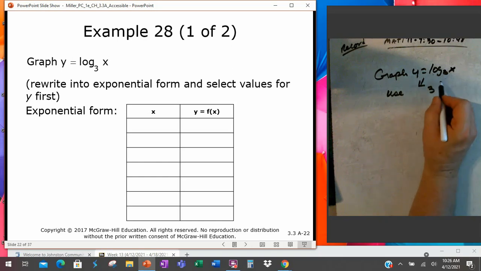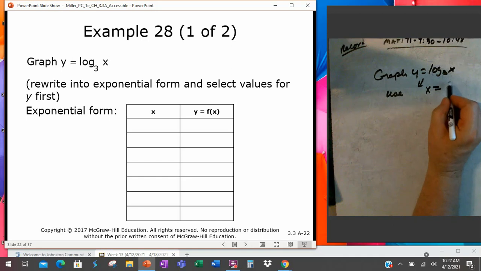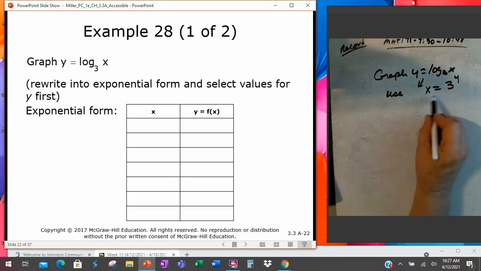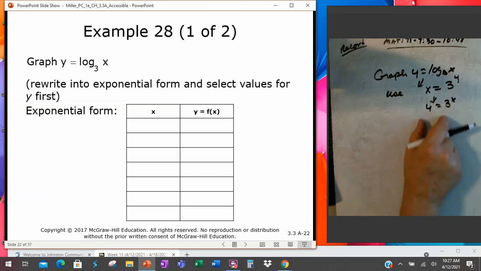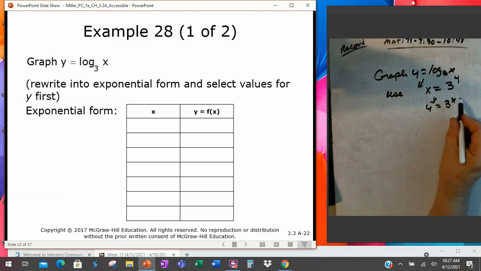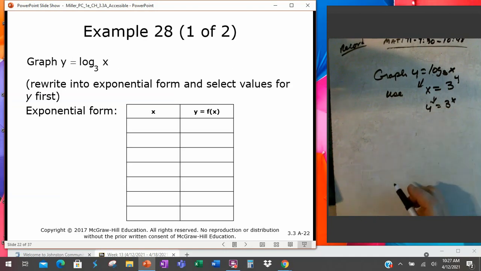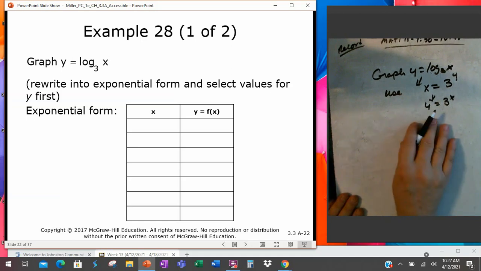I want to represent x as some 3 to the y. I want to represent this, okay? So normally we switch: y is equal to 3 to the x. So I'm going to do this. This is easier. We graph this, but then all I want to do is switch the numbers to do the inverse and graph this. I'll show you both of these things.